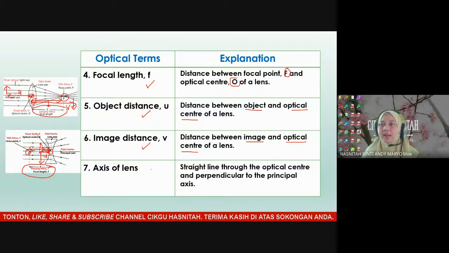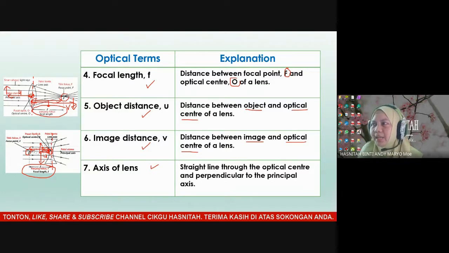And the last term is axis of lens. What is axis of lens? It is a straight line through the optical center and perpendicular to the principal axis. The dotted line here is called the axis of lens. This is the axis of lens for convex lens.